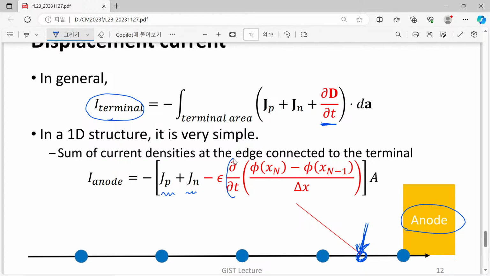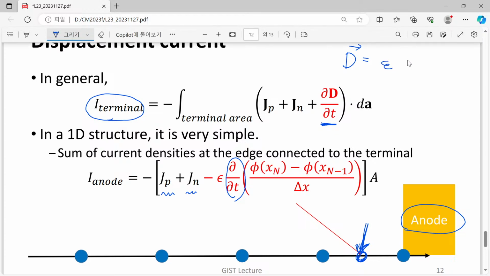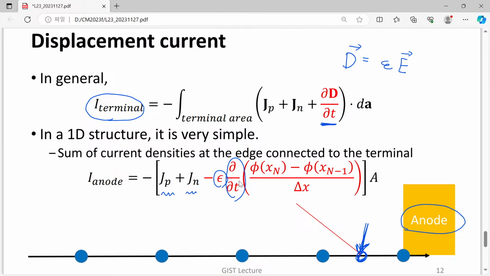Here we have a time derivative operator, and now D should be written. However, D can be expressed as the permittivity epsilon times the electric field. So here we have permittivity. And now we have to calculate the electric field, and the electric field is simply given by minus the gradient of the electrostatic potential. That is realized here.